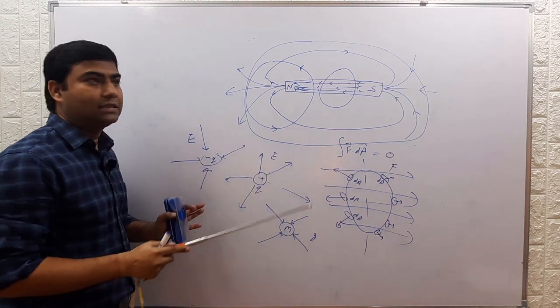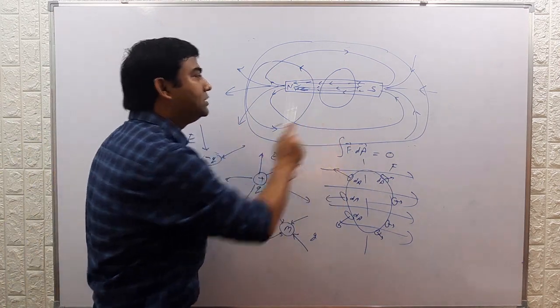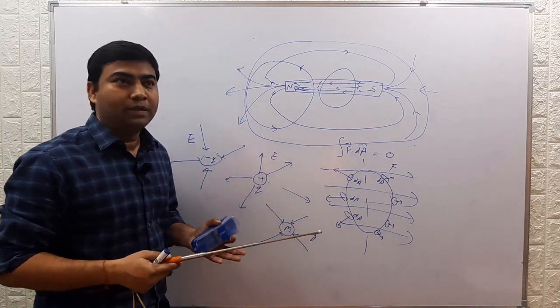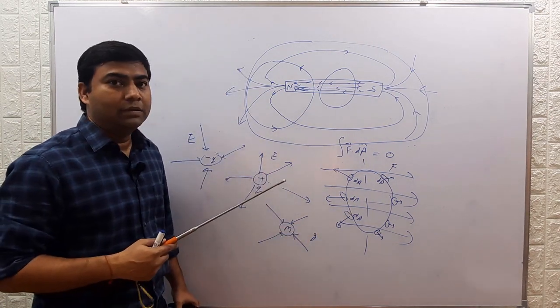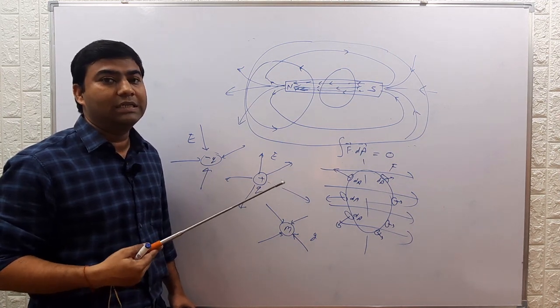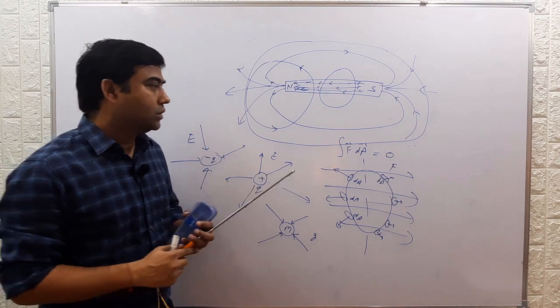So net flux through this closed volume will be 0. Whatever imaginary volume you imagine, you will always get net flux 0 in case of magnetic field.